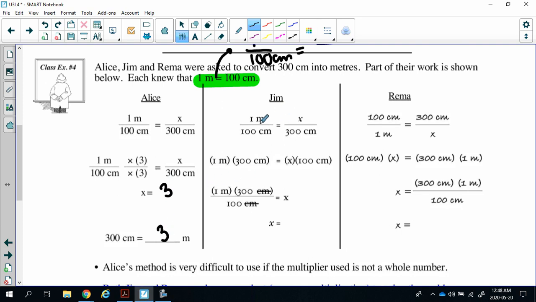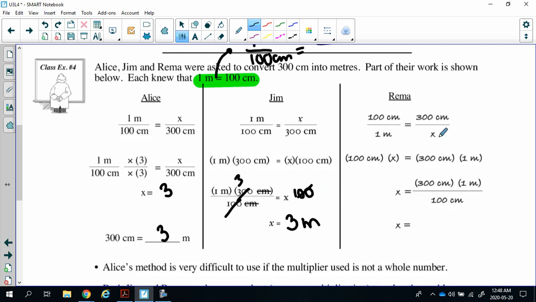Now what Jim did was the same thing, but he got 300 equals x times 100, divided both sides of the equation by 100, and you should get that x is equal to 3 meters as well.